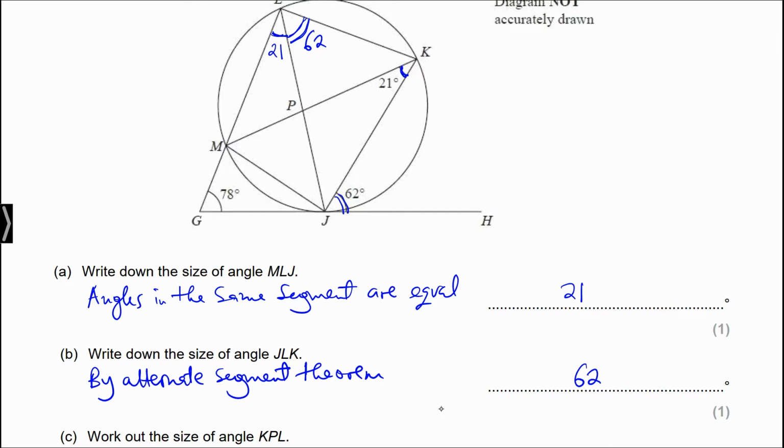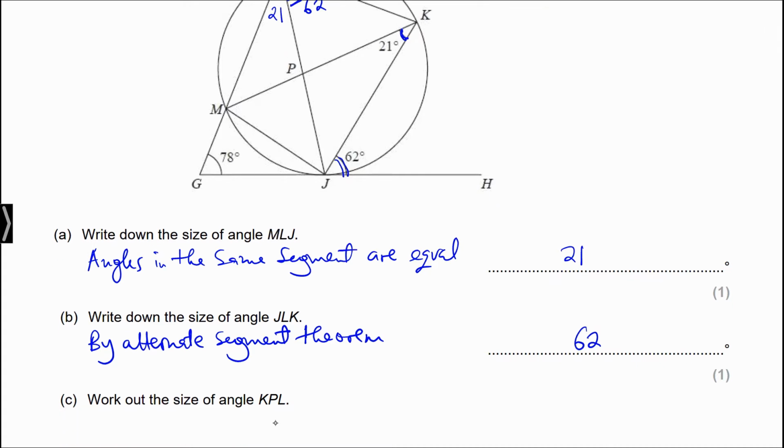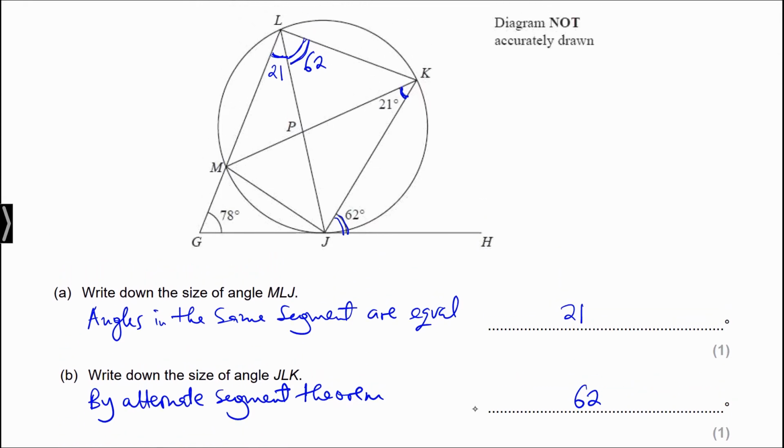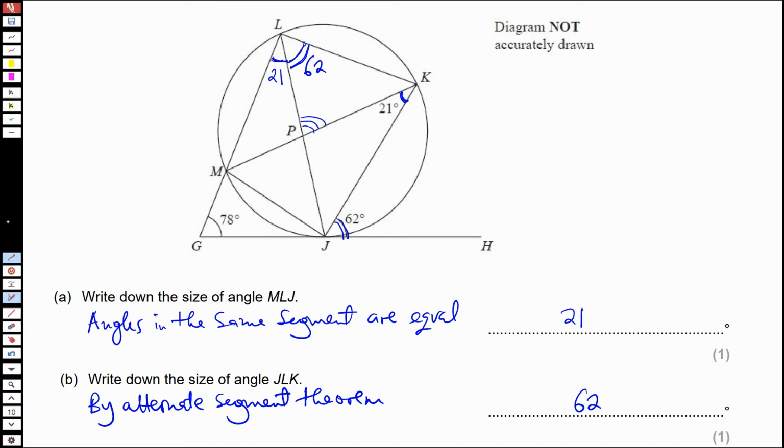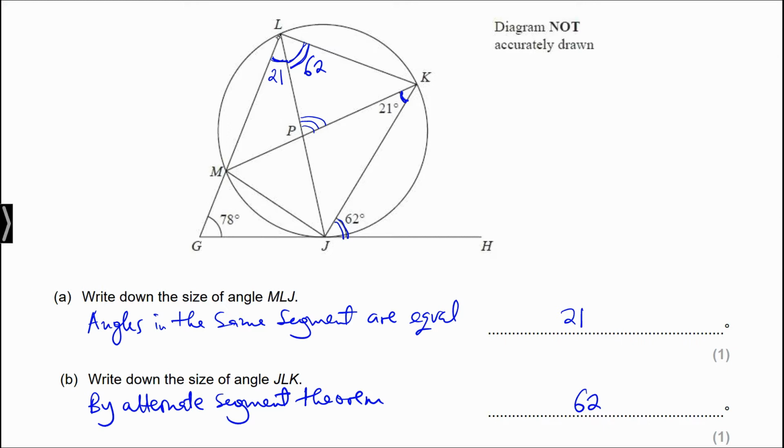The last part of this question requires us to find angle KPL. KPL is this angle here. To find angle KPL, we'll have to do this in different steps. Before we start, let's first consider this triangle here.